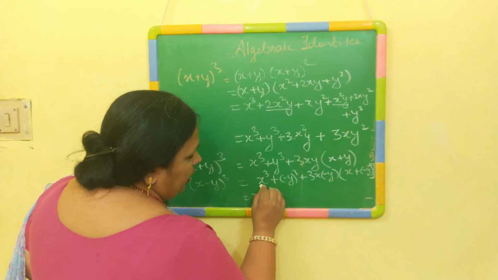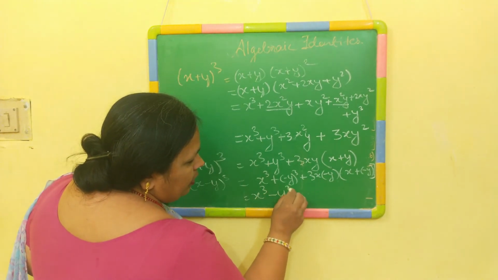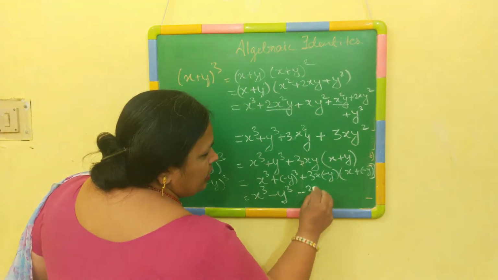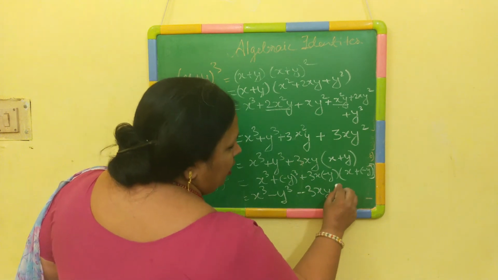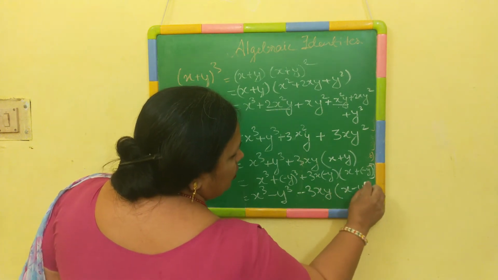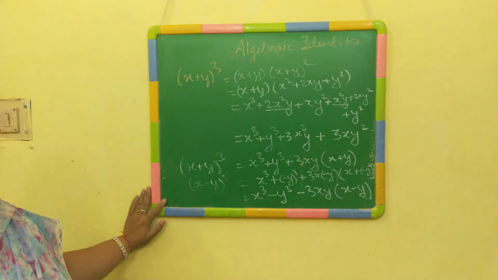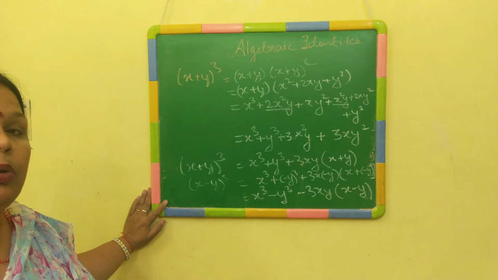That is x cube minus y cube minus 3xy into (x minus y). This is the value of (x minus y) whole cube.